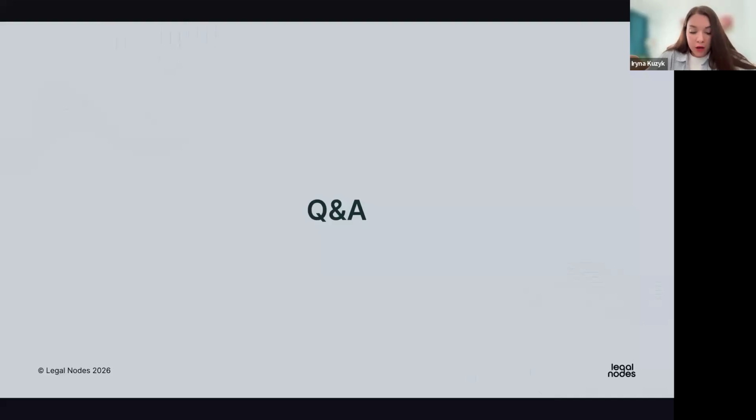Also, we'll have a more detailed webinar about smart contract design and compliance features related to RWA tokens. That will be a joint webinar by Legal Notes and one of our partners involved in the technical layer of tokenization.